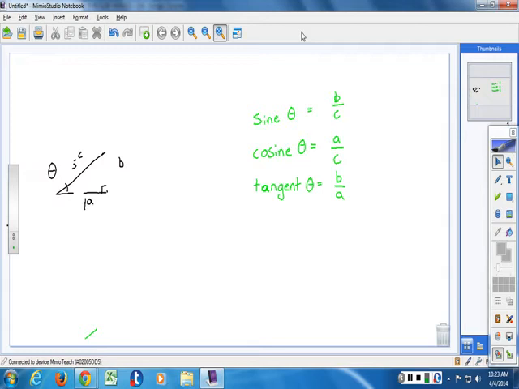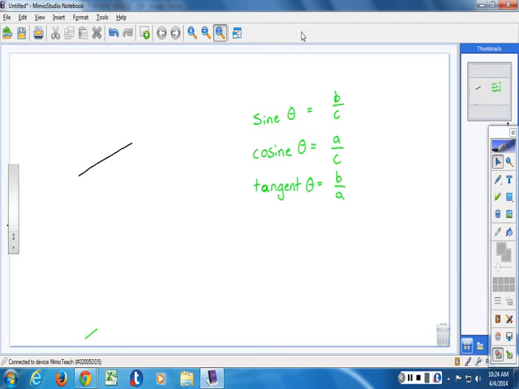Actually, let me erase the whole thing and rebuild it again, mostly because I accidentally adjusted that, and so everything's leaning off a little bit to the side. Technology is really handy, but it's kind of getting in the way sometimes too. So let's take this triangle again.